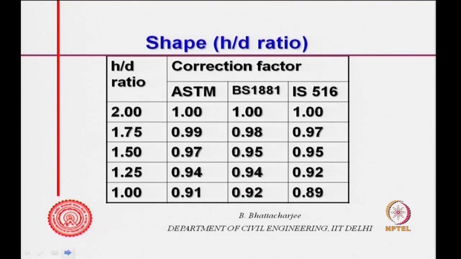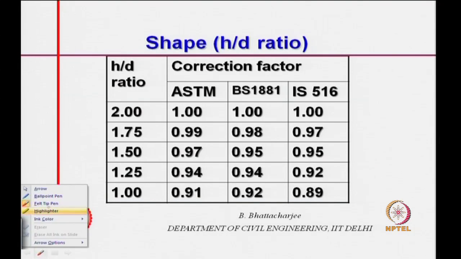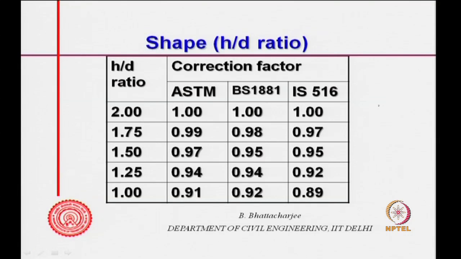So, therefore, when you are measuring cores, as I said, sometimes we do testing of core. So, you are measuring the strength of the core and a different H by D ratio is there. If you consider this as 1, according to the American Society for Testing and Materials, the correction factor for 2 is 1, and the correction factor for 1 is 0.91.